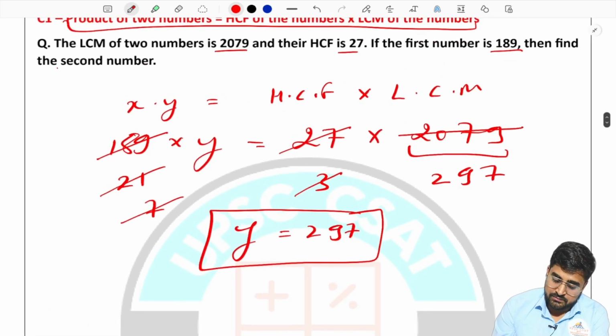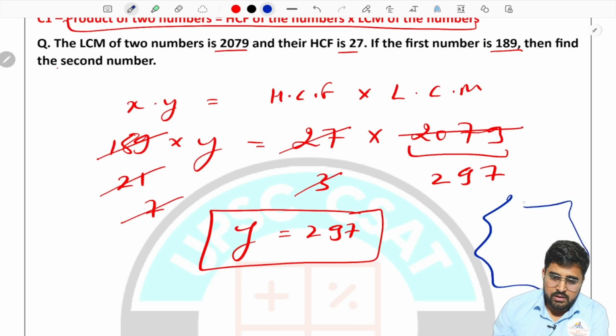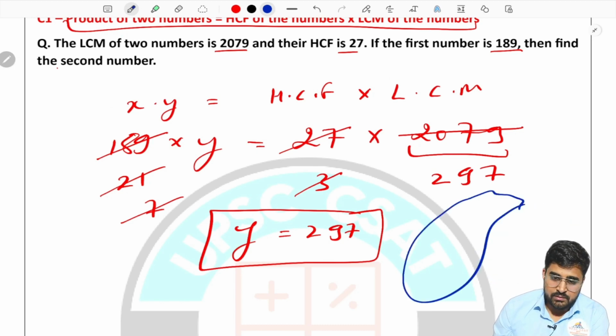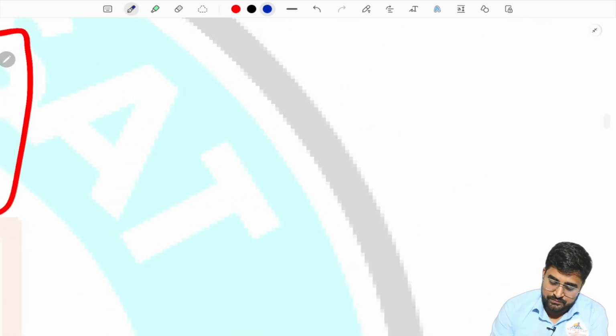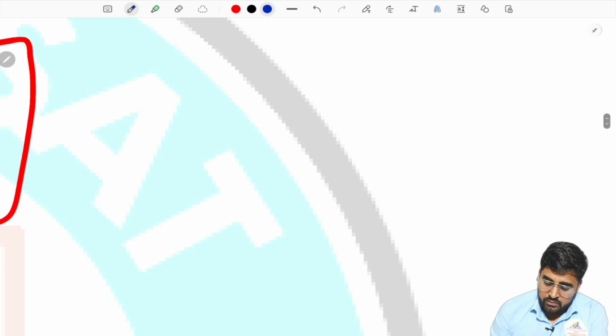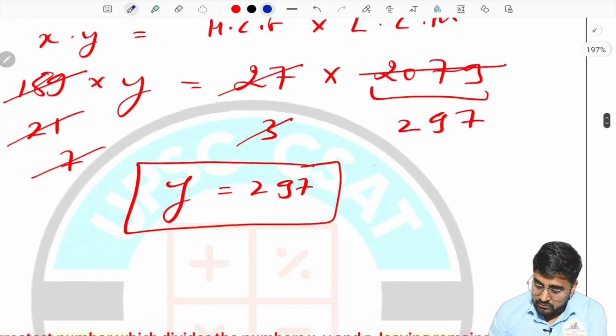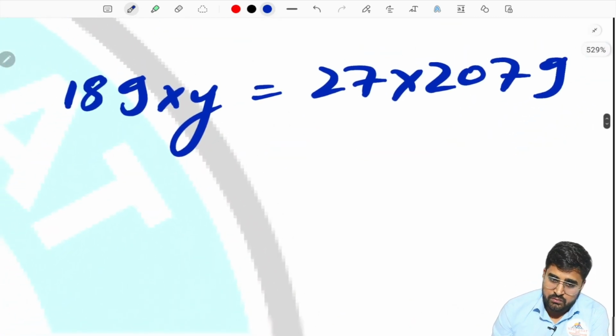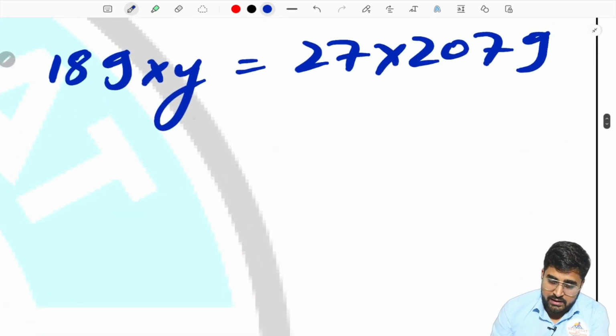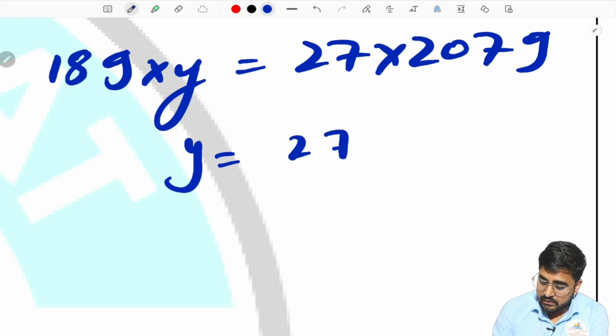See, why I explain this minor calculation is that we waste our time in writing steps. I hope it is visible. Okay, what I want to tell you is there is no need to write each value. Don't go with the steps. Some of you have a habit of writing each and every detail of the question.